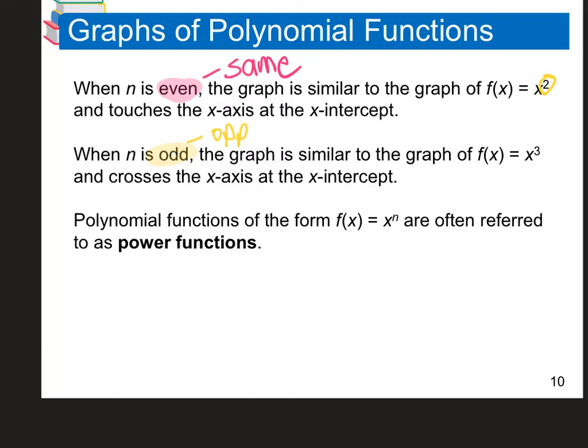If you have x to the 4th, it might look like this when you graph it. It's not exactly a parabola, but the arrows are going in the same direction. When the highest degree is an odd number, it's going to resemble the cubic function. Not exactly like that, but it's going to have directional arrows that are opposite of each other.